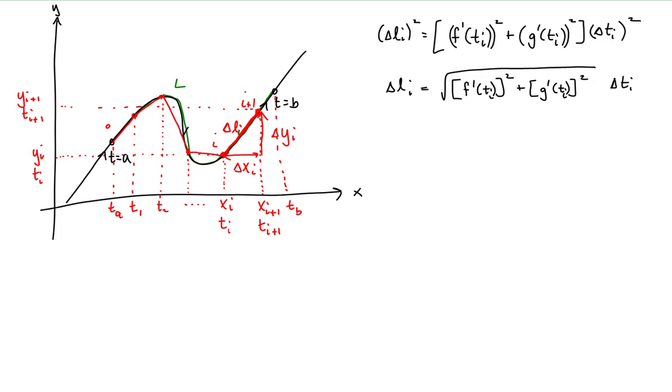For this first point, we would call the length of this first straight line segment delta L at a, and then the second straight line segment delta L at 1, and then the third one delta L at 2, so on and so forth until we get an approximation for the length of the line being the sum of all of those different small straight line segments all the way up to the very last segment at b.